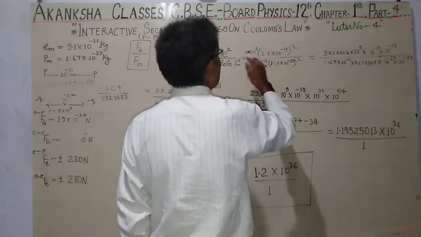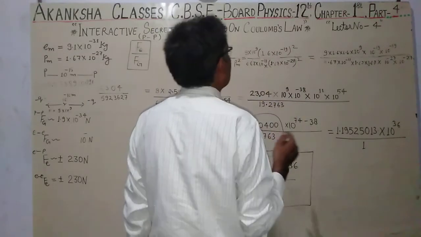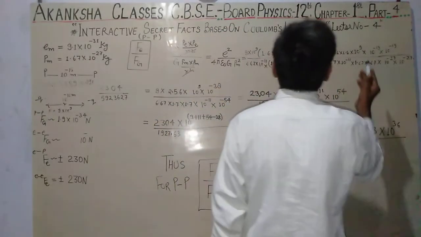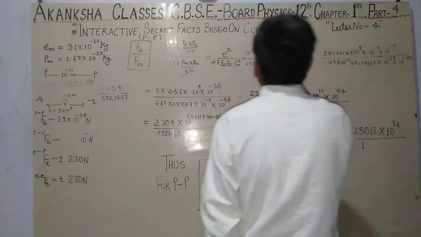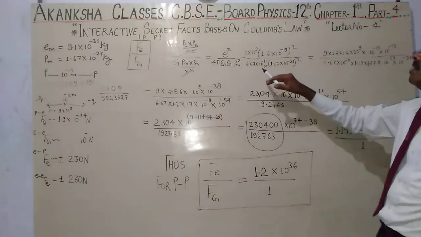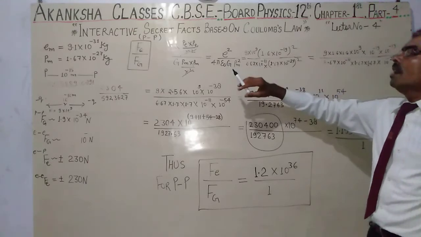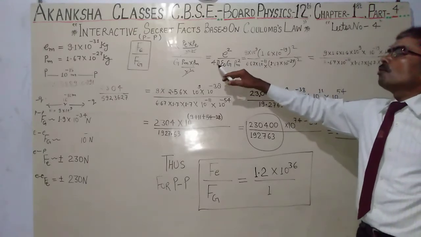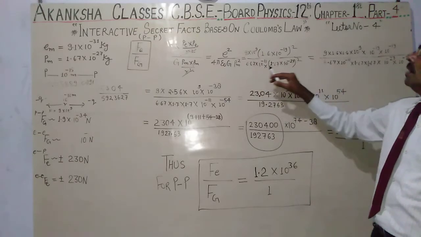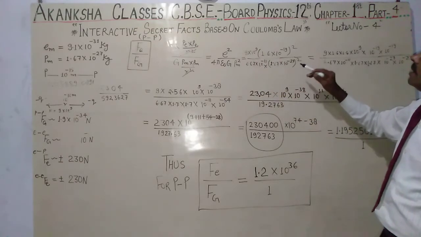It remains unchanged in the upward side compared to the case of electron, but there is a great change downward. The value of G and the value of 1 by 4 pi epsilon naught remain the same. Hence, what changes?